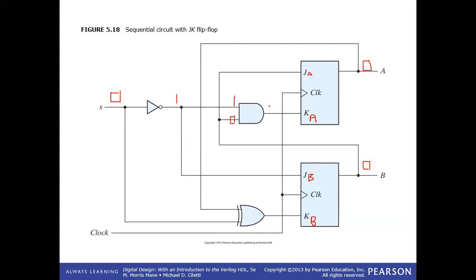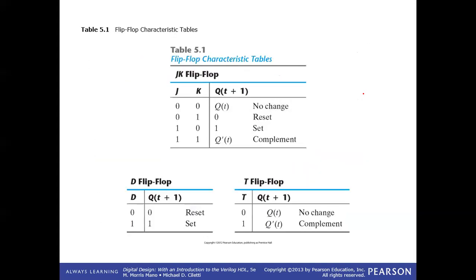The output of this AND gate? 0. Good. The input of this J? 0. At 0, 0, a JK flip-flop does what? No change. Yes. It retains the memory. What happens at the Q in the previous state stays there. Is this okay? Yes, sir. That's right, absolutely correct.